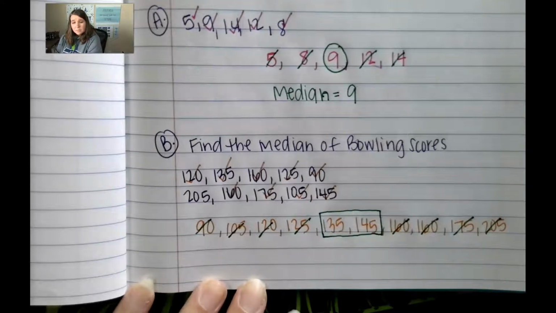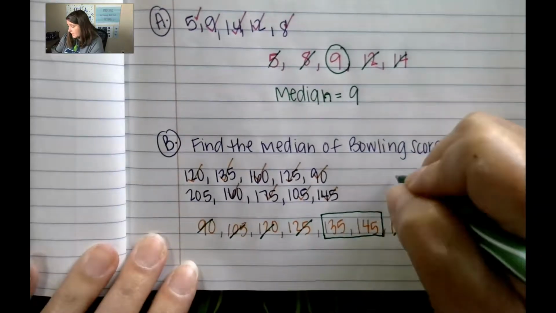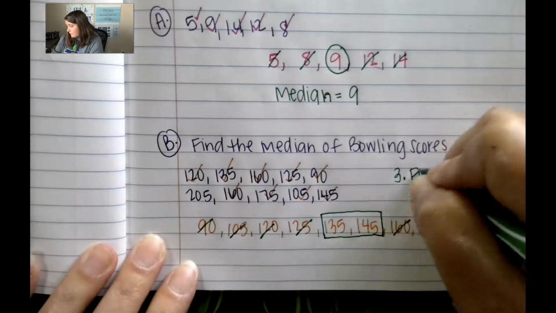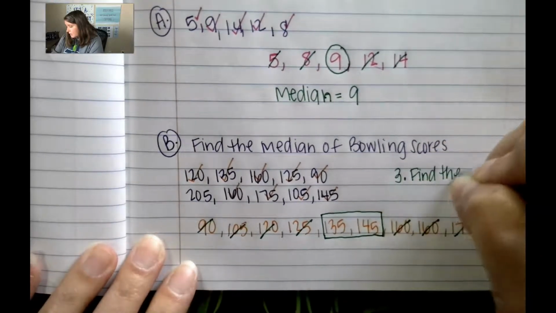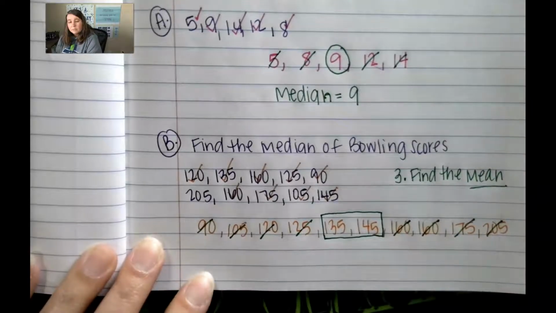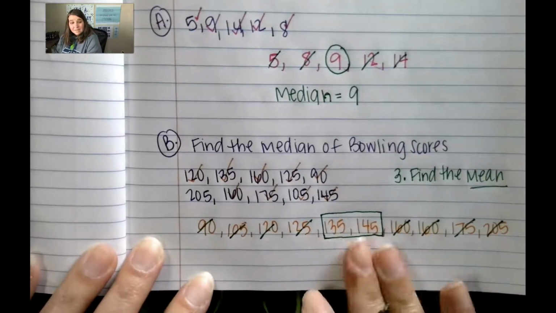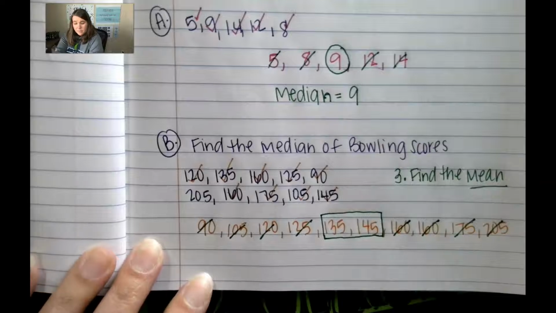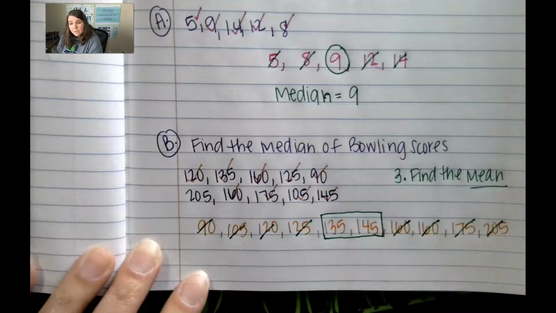So this one is a little bit different. This one I have to do a step 3. Find the mean. And I have to find the mean or the average because there's an even number in the middle. So let's go ahead and find the mean. And we're going to do that by adding and then dividing.